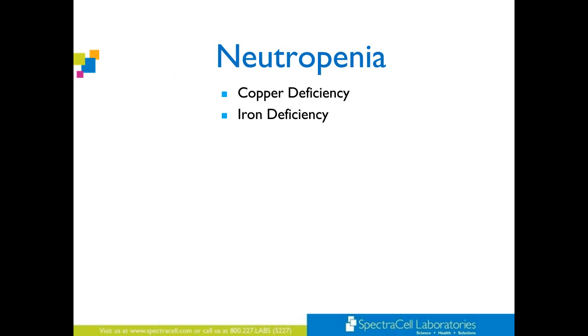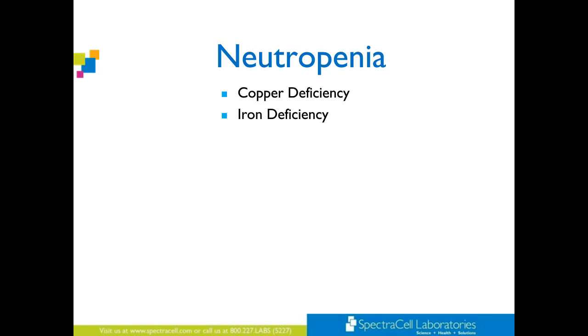Neutropenia. When we see a person's total white blood cell count go down, and then you see the neutrophils specifically go down, one of the first nutrients you want to look at is copper. Copper deficiency is highly associated with neutropenia and leukopenia. If a person has leukocytosis, we often think of a bacterial infection.